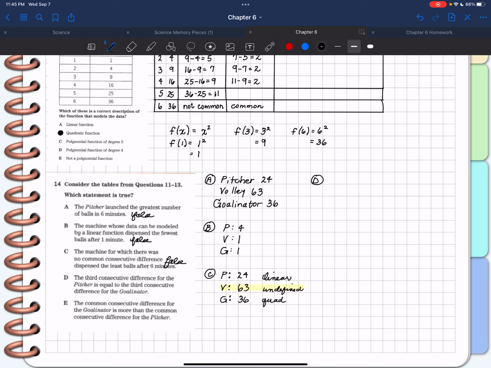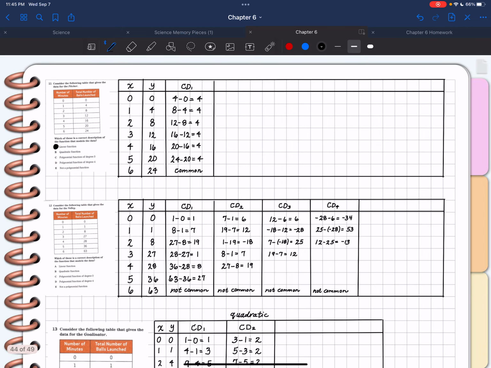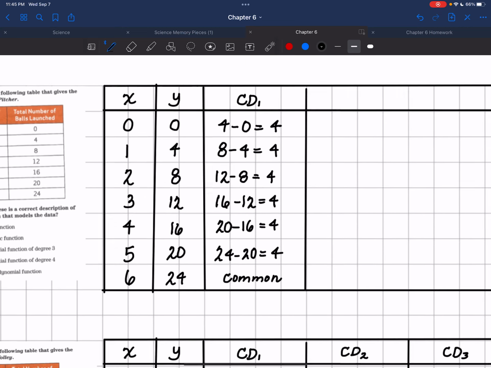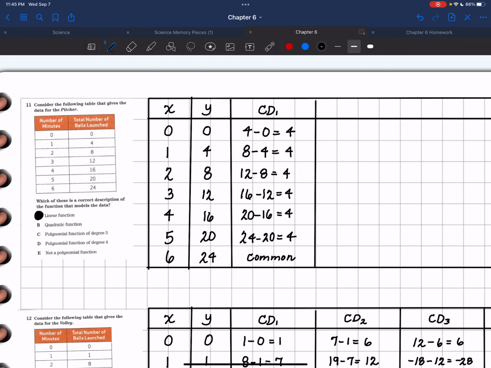D. The third consecutive difference for the pitcher is equal to the third consecutive difference for the goalinator. Well, if we go back to the pitcher, we didn't find the third consecutive difference. So we're going to need to do that. And I'm actually glad we're doing this because I want to show you something really important. 4 minus 4 is 0. 4 minus 4 is 0. This is going to be 0 all the way down.